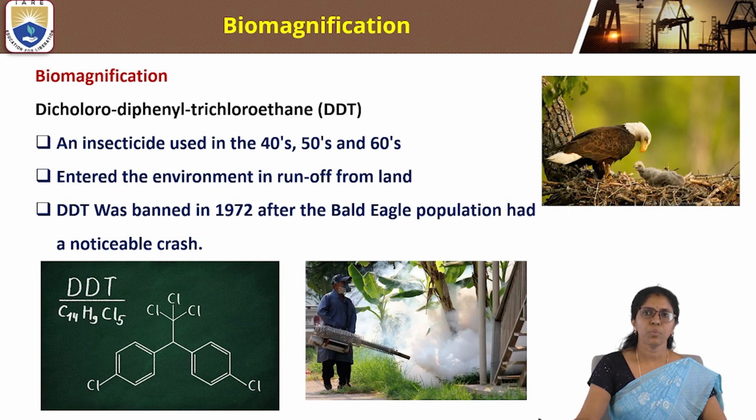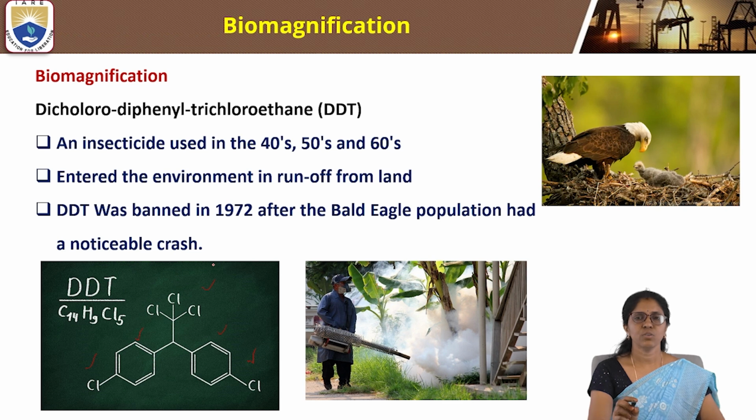So this is the biomagnification due to DDT. DDT's full form is dichloro diphenyl trichloroethane. This was used as an insecticide in the 40s, 50s, and 60s.